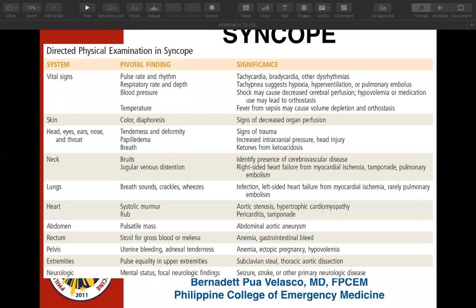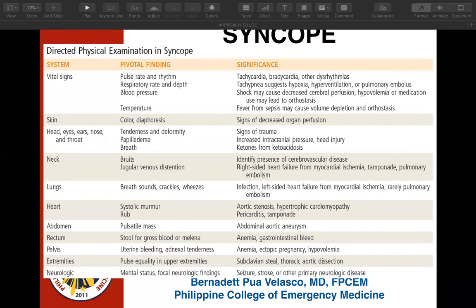For your physical, you check the vital signs, check if the patient is experiencing tachycardia or bradycardia or having dysrhythmia. We also check the respiratory rate and depth of the patient. Often there are cases where the patient is having hypoxia or even hyperventilation when you do your physical examination.